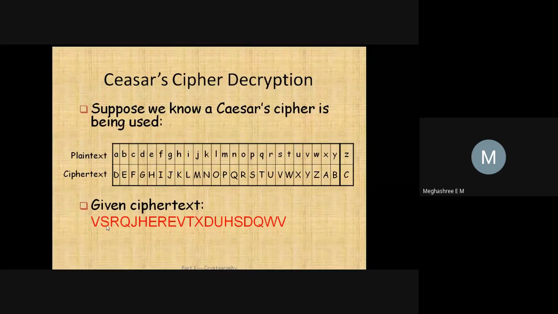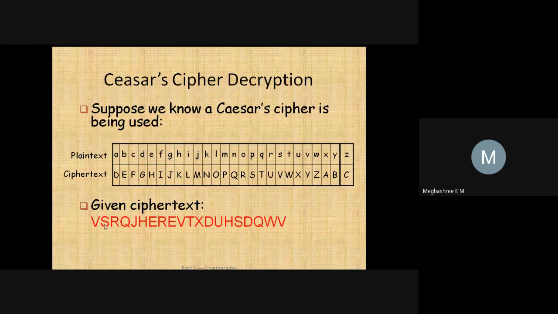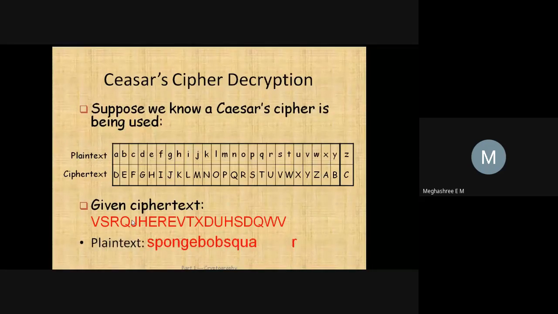So for this, you have to move backward when you are generating plain text from the ciphertext. I hope this is clear. I've just calculated and written the plain text here. For this ciphertext, when we apply key as 3, you will get the plain text as SpongeBob SquarePants.